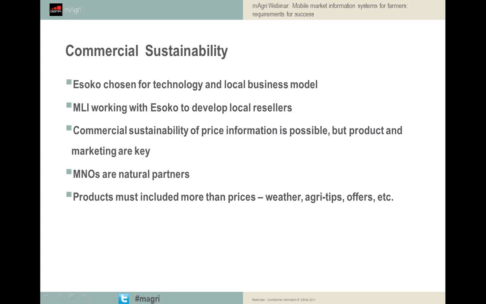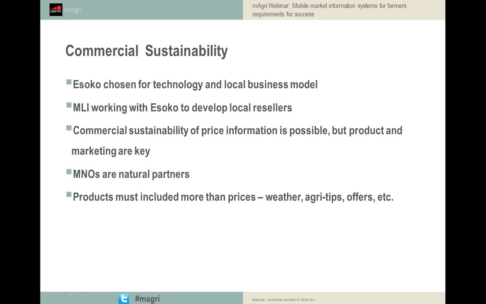And we really feel, like GSMA, that MNOs are natural partners to leverage their existing networks and their marketing spending, and frankly, they get a lot of advantages from being able to provide a product which is attractive to rural users.